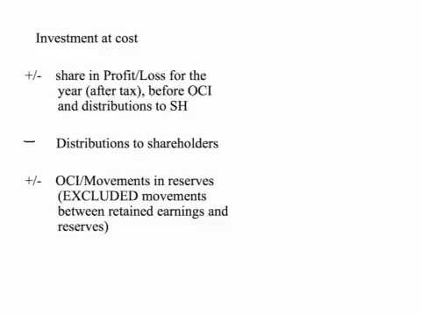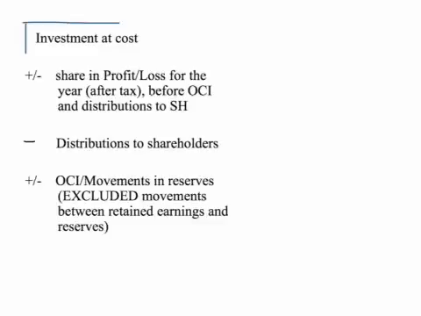But if we ignore that for the moment, the adjustments that are on the screen are the typical adjustments that you'll see, and the answer in the end should lead you to a figure that is equal to the investor's share of the associate's equity included in his financial records.